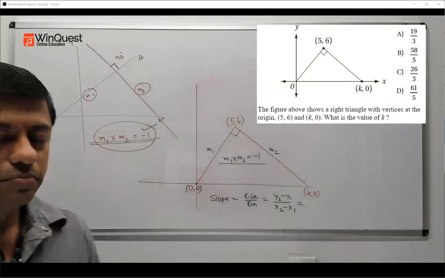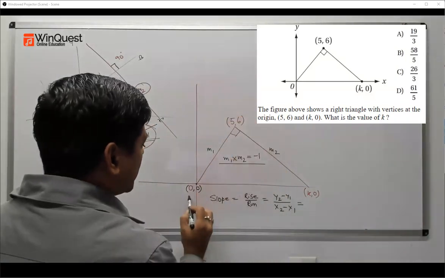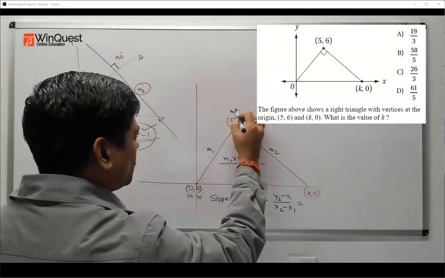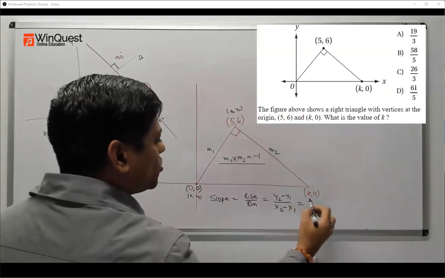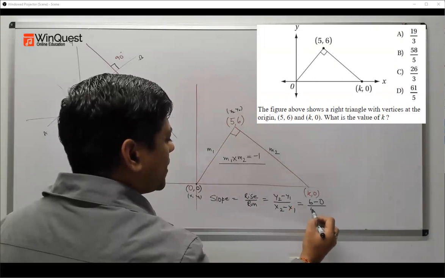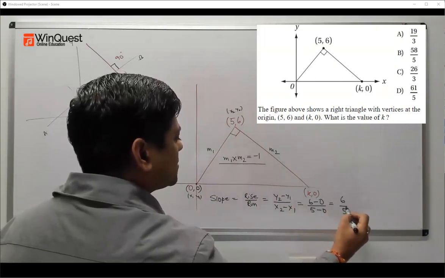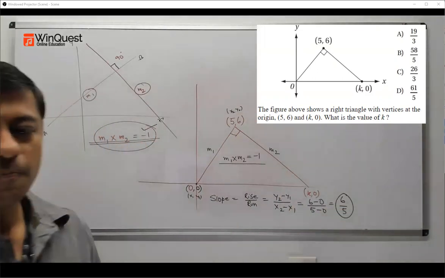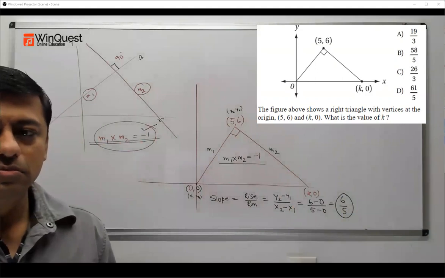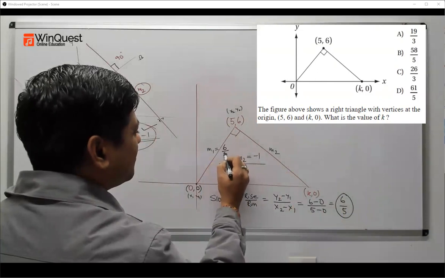So can I say if I take this one as x1, y1 and this as x2, y2, then y2 minus y1 by x2 minus x1 is the slope of this line, 6 by 5. Are we clear? Yes. So the slope of this line is equal to 6 by 5.